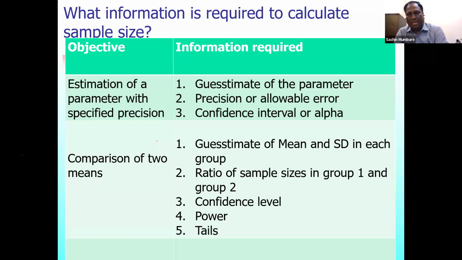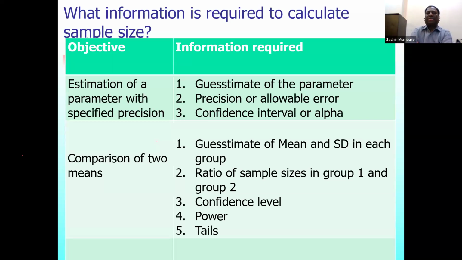Precision or allowable error means if the population proportion is 50 and your allowable error is 10, it means that your study should give the results between 40 and 60. Here 10, there 10. So it is the allowable error. And third one is the confidence interval or alpha.